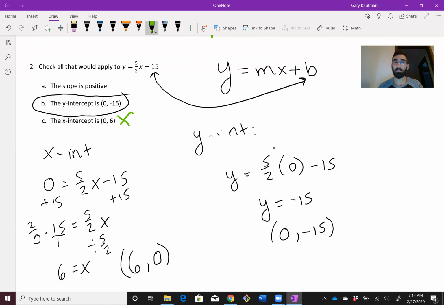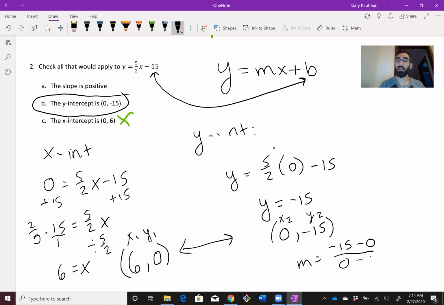Now we think about the slope. We now have 2 points and we can calculate it. So I'm going to say x1, y1, x2, y2, equals -15 minus 0 all over 0 minus 6, which becomes -15 over -6, which reduces to 5/2.